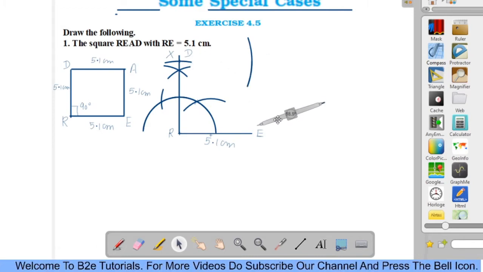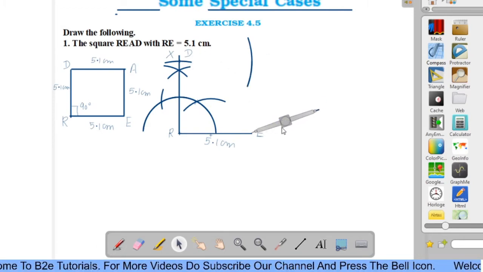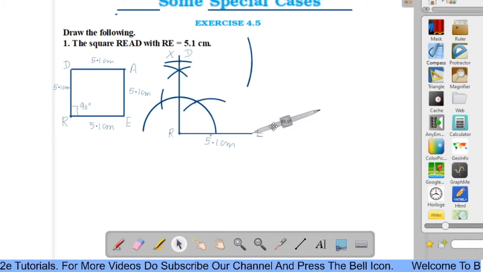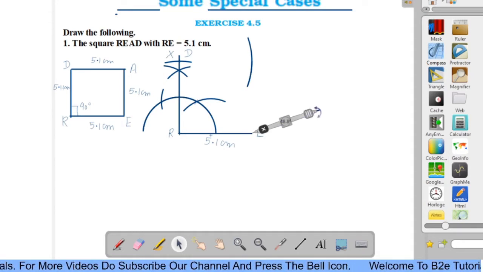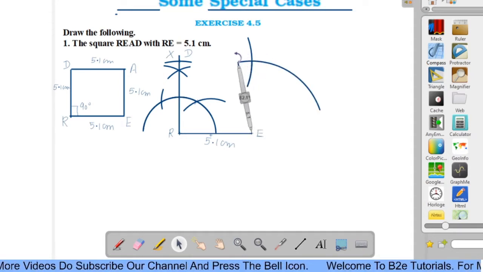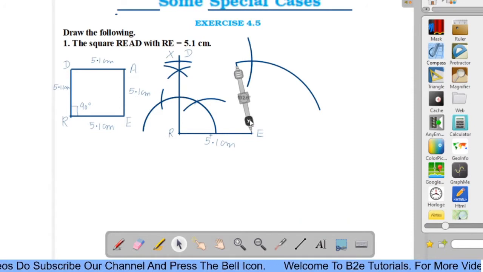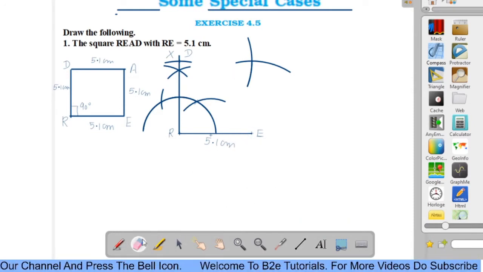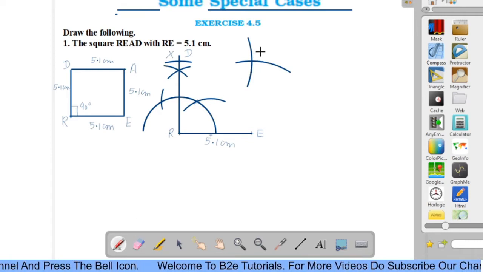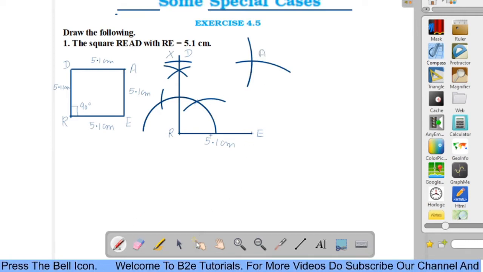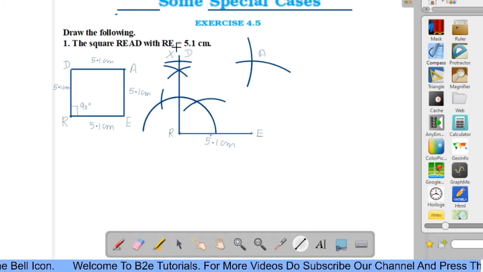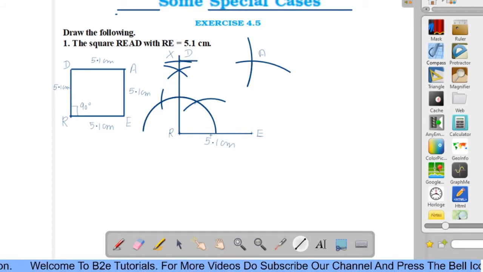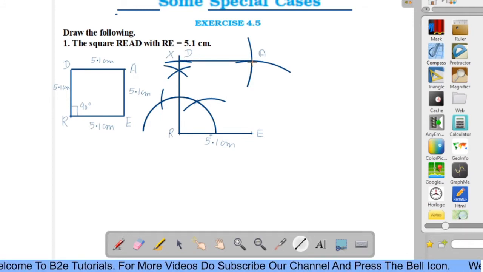With center E and the same radius, cut this previous arc somewhere at A. Join AD and AE.